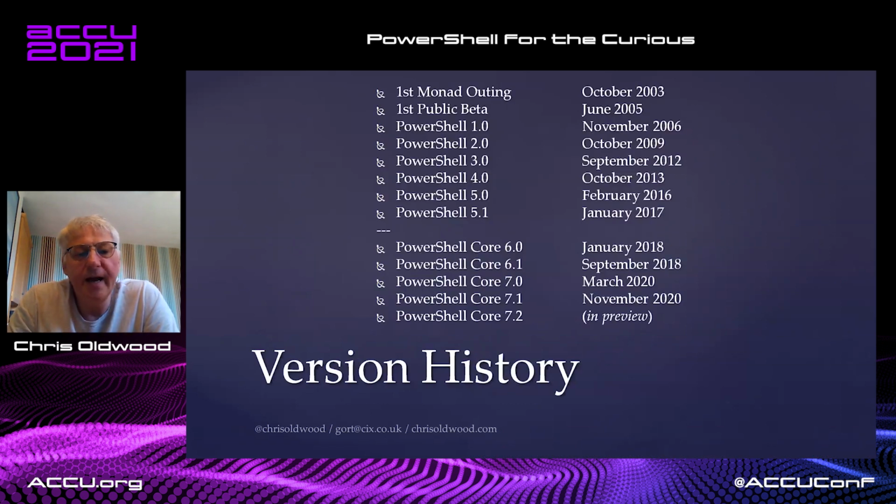Version history. As I said, the manifesto was 2002. So we had a first outing, I think, at PDC in 2003, beta in 2005, and then finally it sees the light of day in 2006. A key adopter and driving force was the fact that the Exchange Server and SQL Server releases around that time shipped a whole load of commandlets for admins to use.